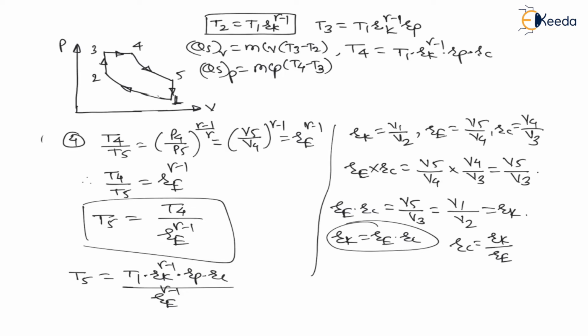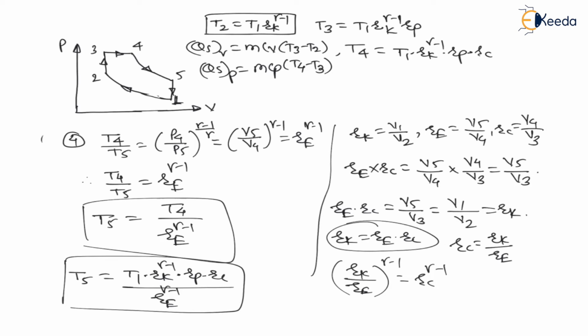So my dear students, in the T5 equation, here you will find that there is Rk raised to gamma minus 1 divided by Re raised to gamma minus 1. Therefore this Rk divided by Re raised to gamma minus 1 can be written as Rc raised to gamma minus 1. So we will replace this Rk raised to gamma minus 1 divided by Re raised to gamma minus 1 with Rc raised to gamma minus 1.